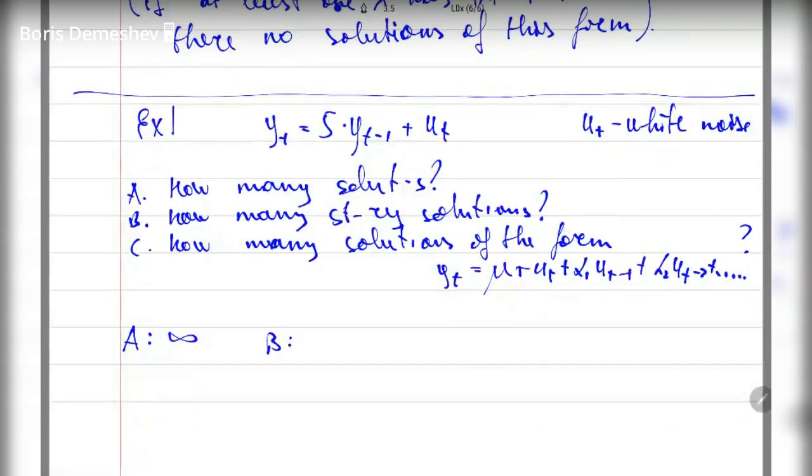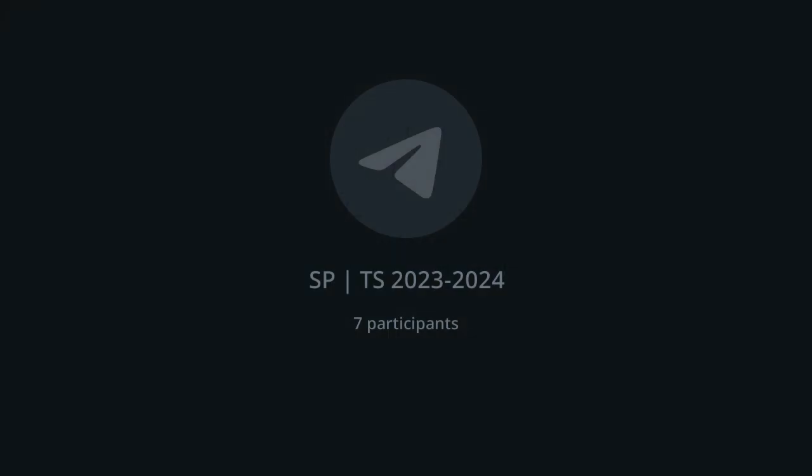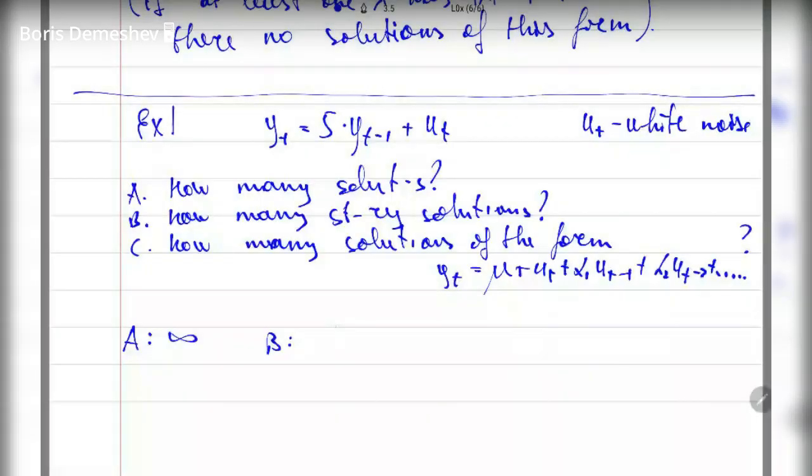Okay. How many stationary solutions do we have? One? Yes, we have one stationary solution. Because if I write (1 minus 5L) times y_t is equal to u_t, so A of L is 1 minus 5L.